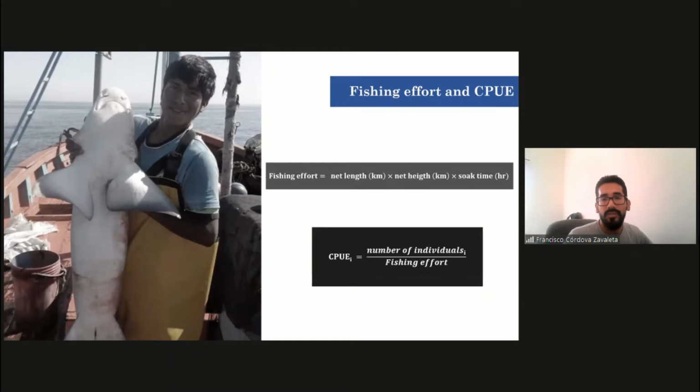To calculate fishing effort, we multiplied the length and the height of the net by the soak time, I mean the time the net was deployed at sea. And to calculate the capture per unit of effort, we divided the number of individuals by the fishing effort. It's important to mention that all of this was by set.